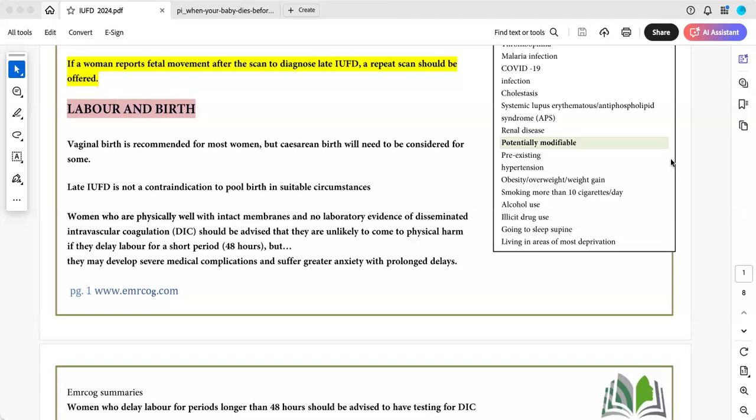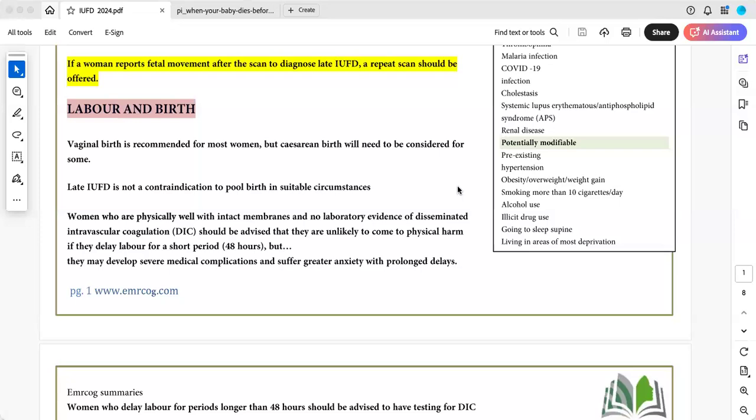If the woman requests it, because some women have the feeling that if the baby stays inside, this will increase her emotional burden, this will be considered as well, as a maternal request.